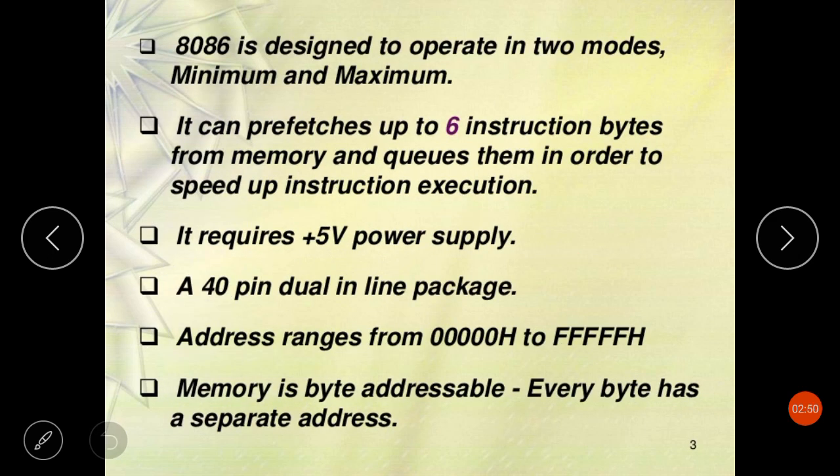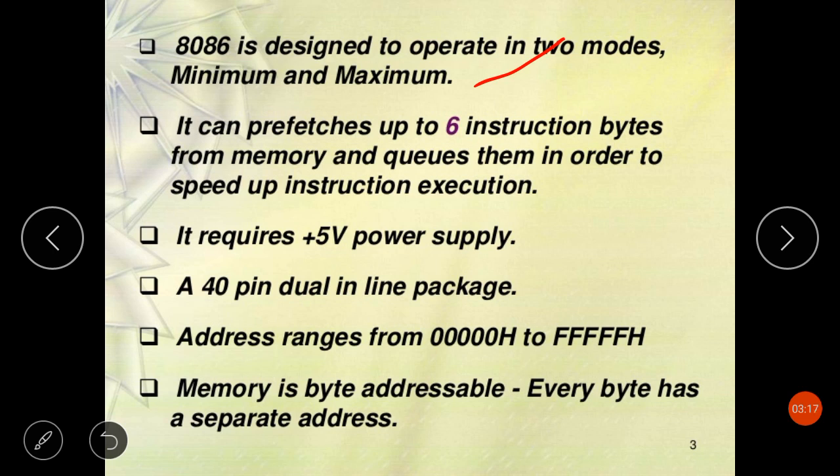The next feature of the 8086 microprocessor is that it is designed to operate in 2 modes, that is the minimum mode and the maximum mode. When only one 8086 CPU is to be used in a microcomputer system, the 8086 is used in the minimum mode of operation.